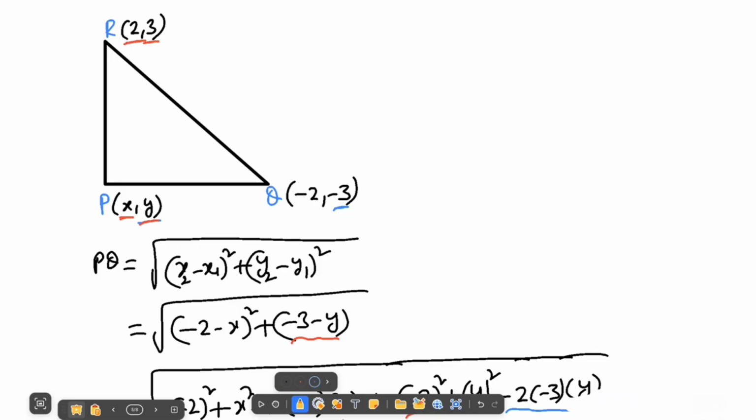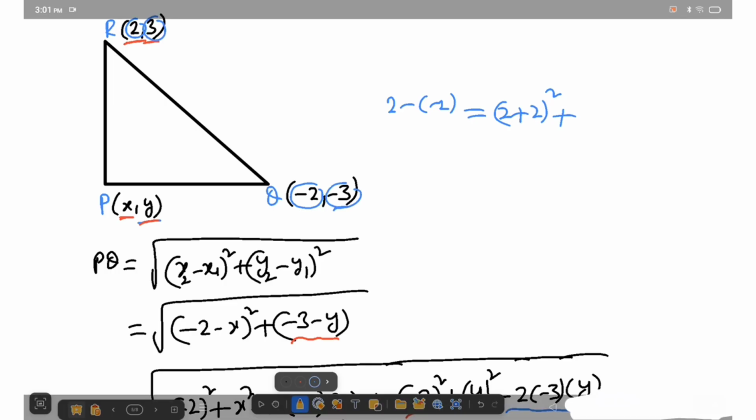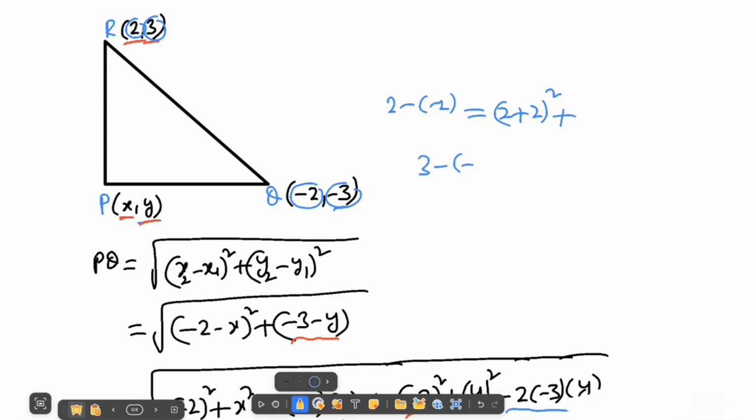Here x2 will be 2 and x1 will be minus 2, so 2 minus of minus 2 is 2 plus 2 whole square, and y2 minus y1, y2 is 3 and y1 is minus 3, so 3 minus of minus 3, so 3 plus 3 whole square.